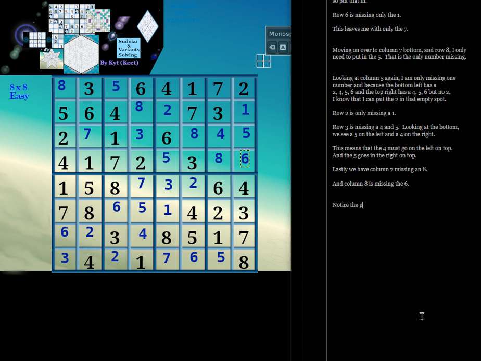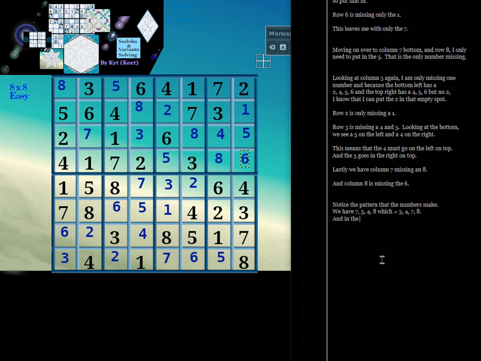Now, notice the pattern that the numbers make. We have 7, 3, 4, 8, which equals 3, 4, 7, 8.